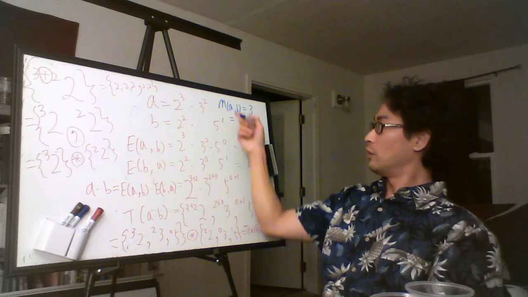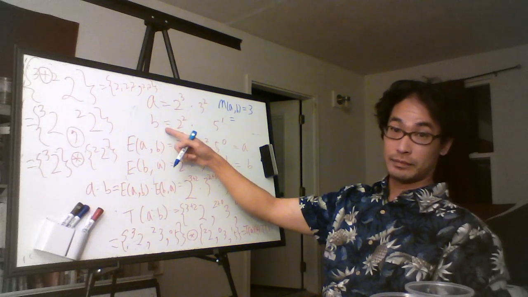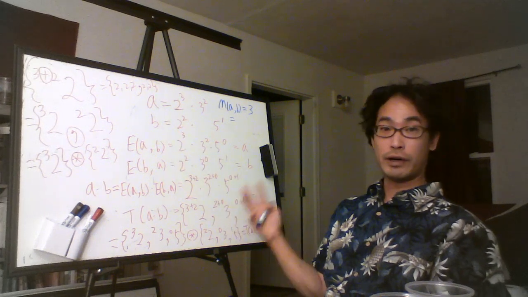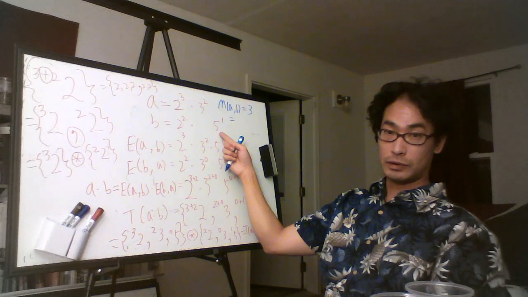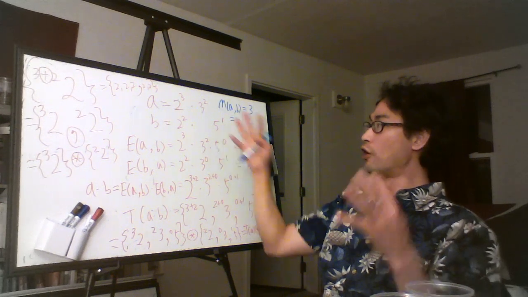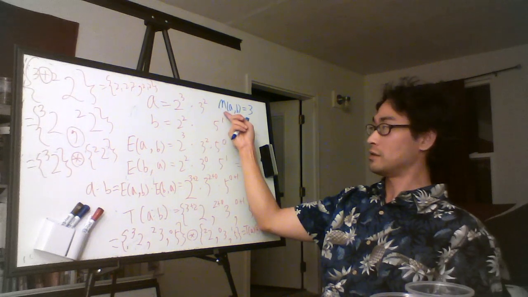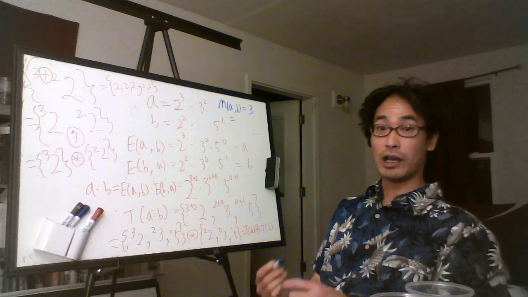So if you multiply A and B, how many primes are there? 3: 2, 3, and 5. So that's the merged prime factor counting function. That's what M is.